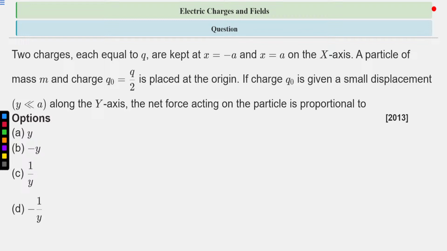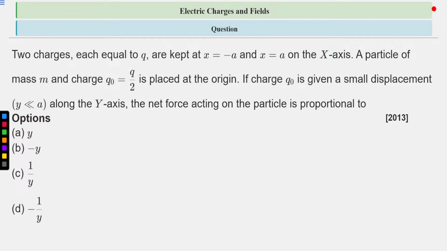So two charges are placed, one at x equal to minus a and one at x equal to a on the x-axis, and one charge q naught equal to q by 2 is placed at the origin. That is, the charge on this particle of mass m is half the charge of the other two charges.